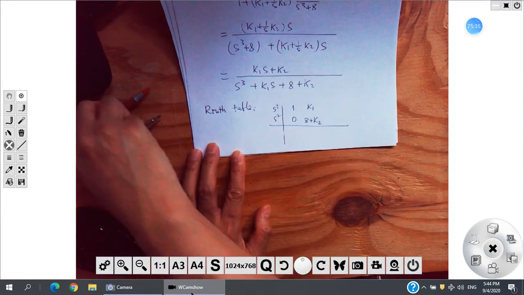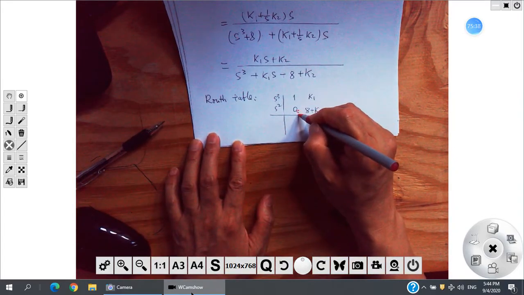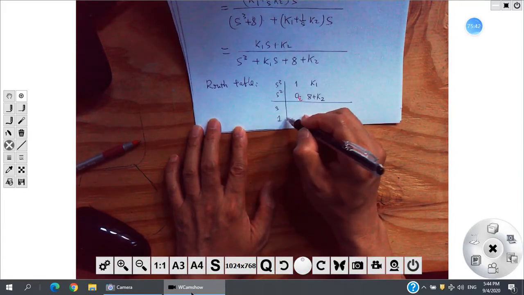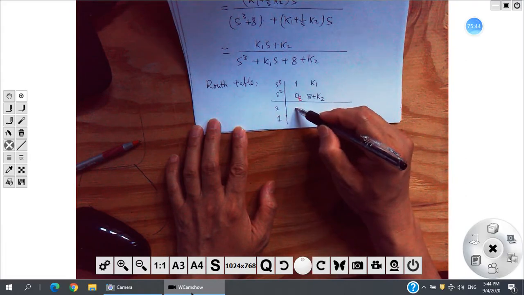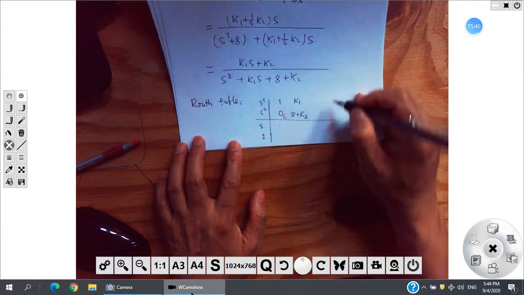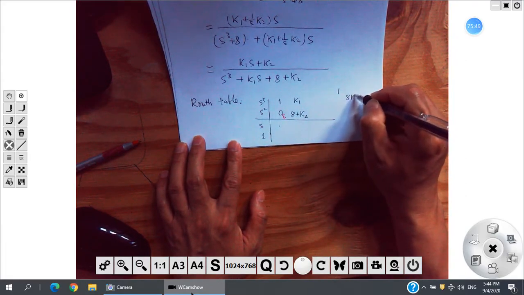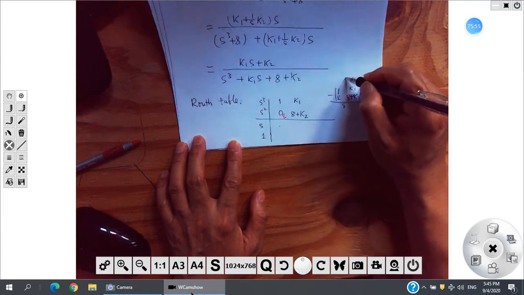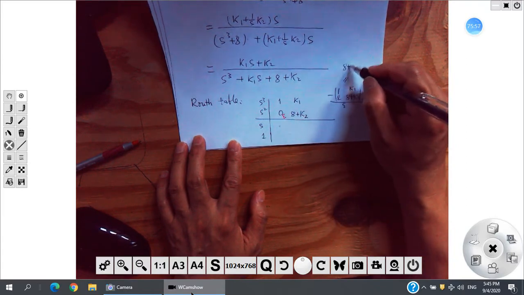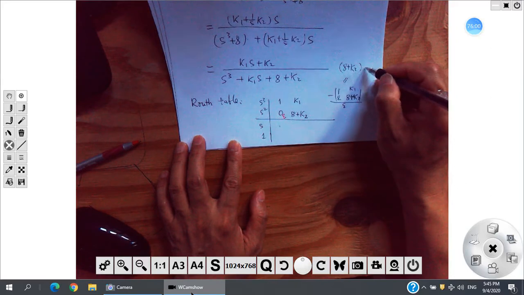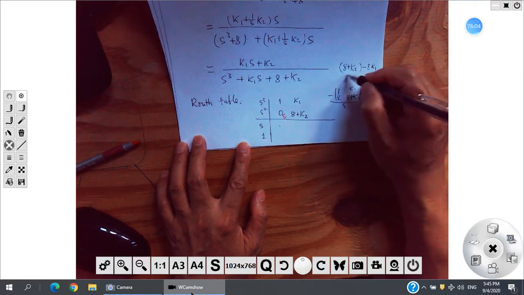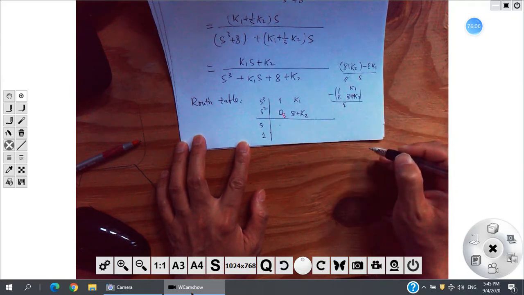And similarly, I replace the zero by epsilon, and then I calculate this number. It will be 8 plus K2 minus epsilon K1 over epsilon, with the negative in front.